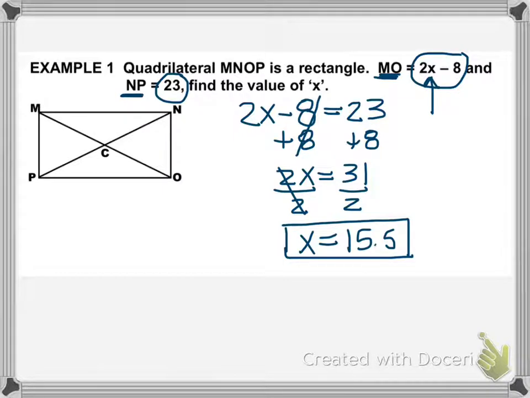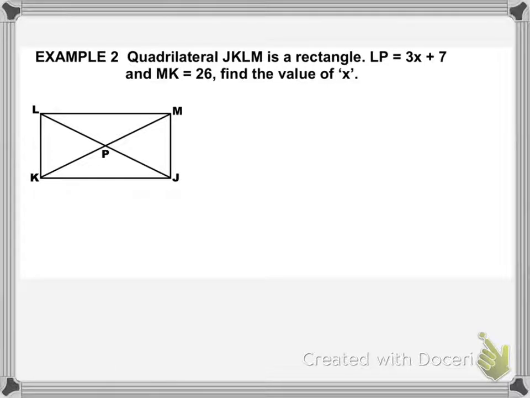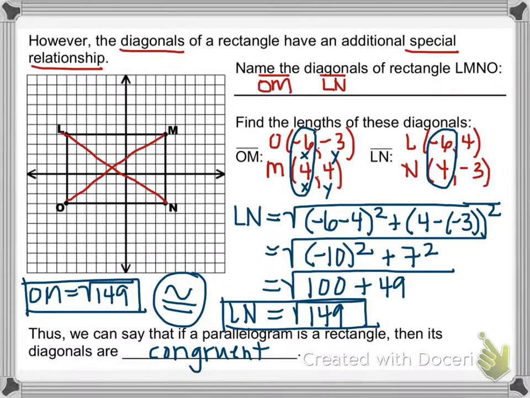Let's try another one. For this rectangle, it says LP has a length of 3x plus 7, and MK has a length of 26. MK is the whole diagonal, whereas LP is half. So in a rectangle, let's go back to our original picture.